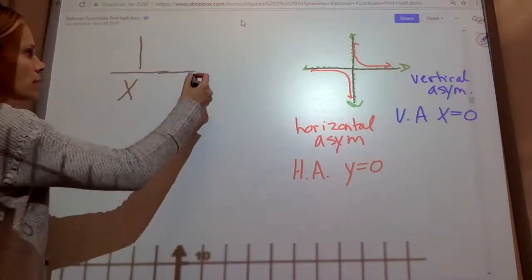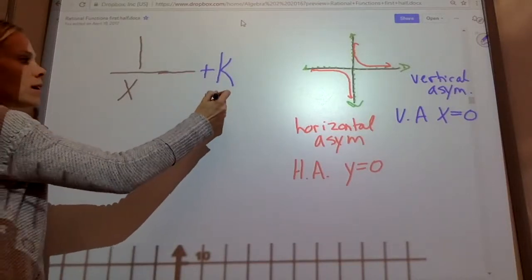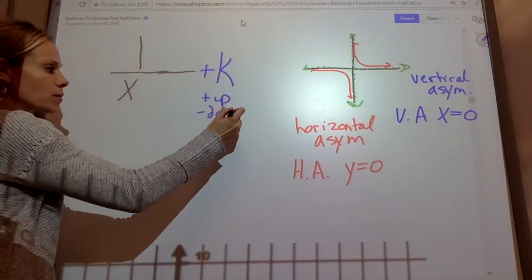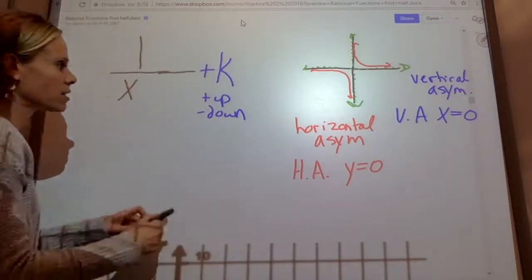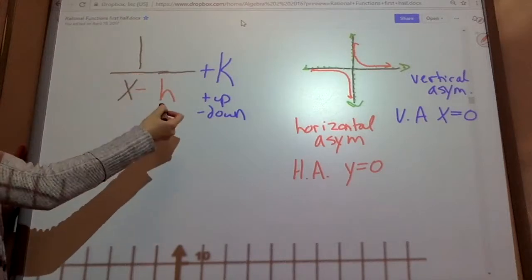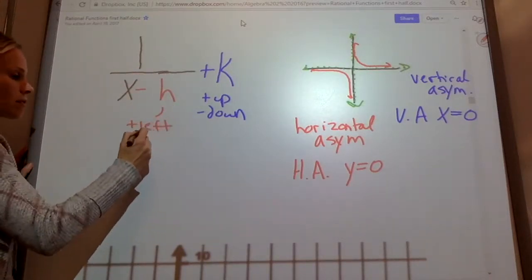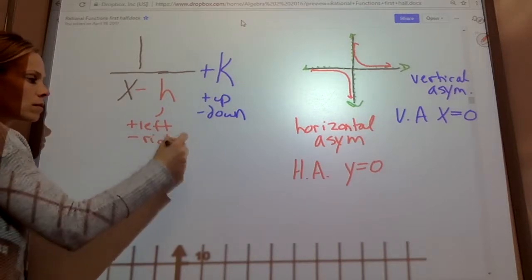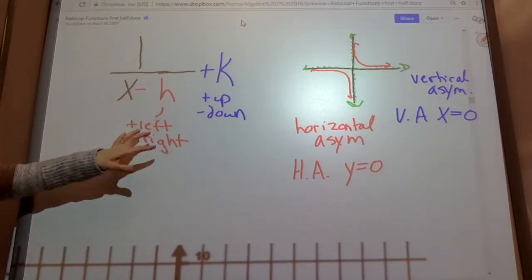Now, we can also throw in some transformations. If I add or subtract to the whole function on the outside, that's going to be up or down. If I add or subtract just to the x, that means I'm adding or subtracting in the denominator, and that's going to be left and right. So if it's in the denominator, that's left and right.